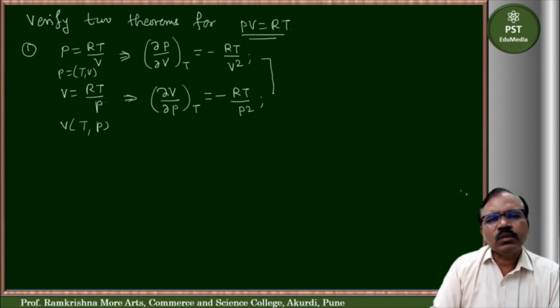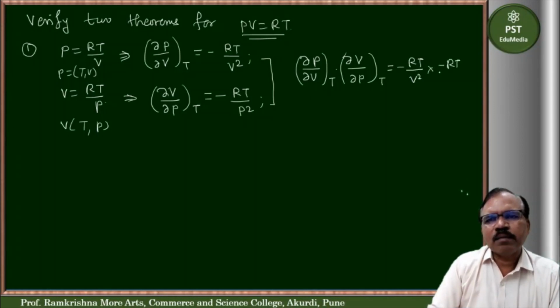Now let us take these two equations and multiply them. ∂P/∂V at constant T into ∂V/∂P at constant T is equal to minus RT upon V square into minus RT upon P square. So we get R square T square upon P square V square, and we know PV is equal to RT, so this is equal to 1.